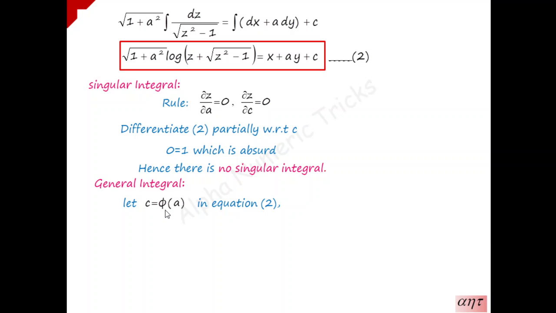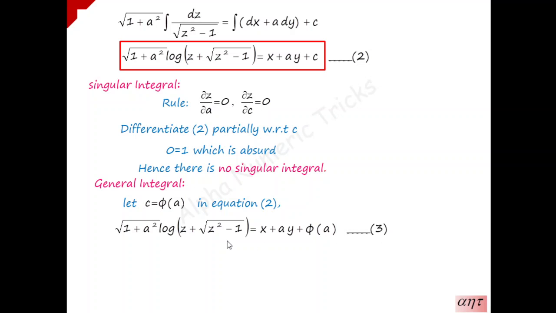Instead of c is equal to phi of a, we can also take a is equal to phi of c. Substituting that in the given equation 2, we get root of 1 plus a square into log of z plus root of z square minus 1 is equal to x plus ay plus phi of a, where c is replaced by phi of a. Number that equation as 3.